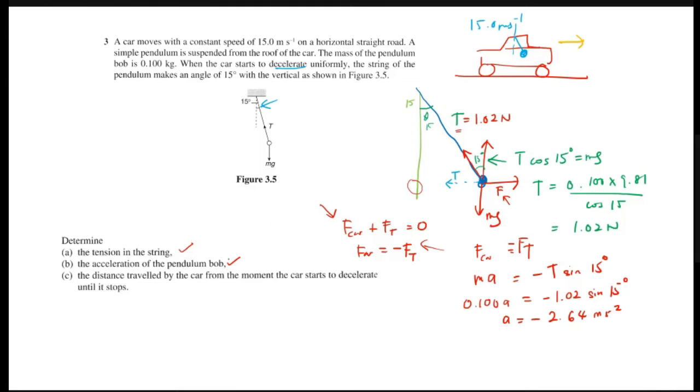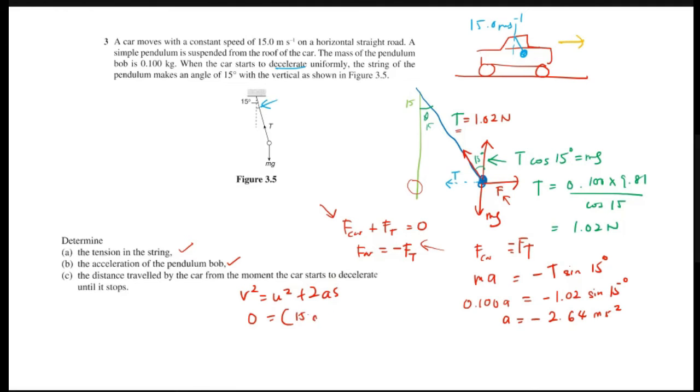Okay, then part C, the distance traveled by the car from when it starts to decelerate until it stops. For this we have to use the constant acceleration equation, V squared equals U squared plus 2AS. V is 0 because it has stopped at the end of the motion.